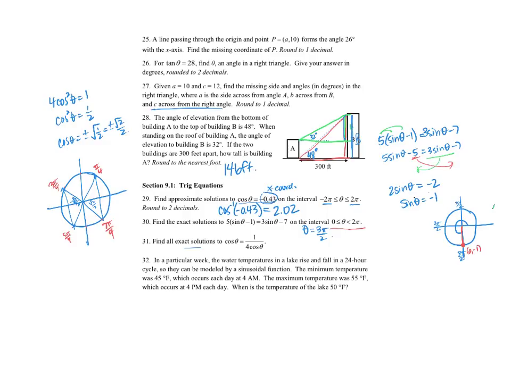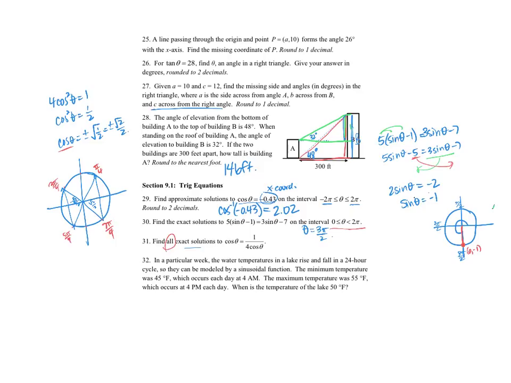But I want all exact solutions to that. And so what I need to do is I know that each of these are going to appear every 2 pi radians because the period of cosine is 2 pi. So it's going to repeat itself every 2 pi. Or another way to think of it is if I'm on my unit circle, if I go around another full rotation, I'll land back on that same point with the same cosine value.